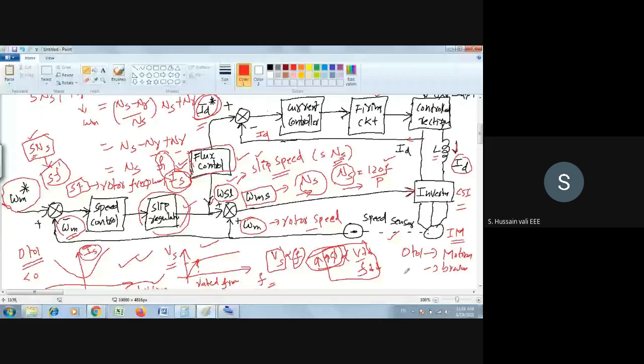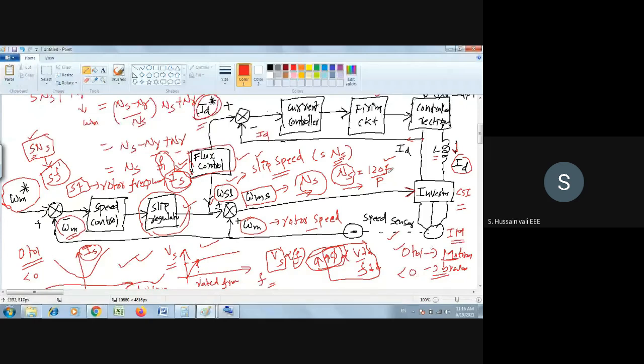So two operations are there: one is motoring, the other is regenerative braking. Braking in the sense itself means the slip is negative. So the slip regulator keeps the slip either from 0 to 1 or less than 0. Once again, I will repeat this entire picture.